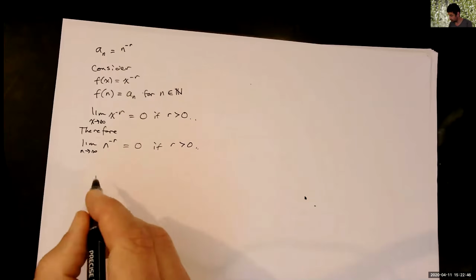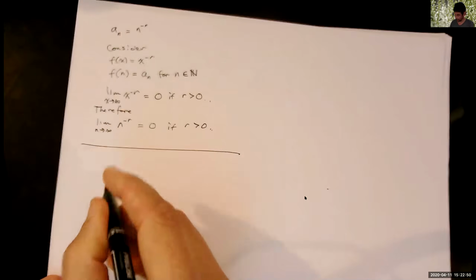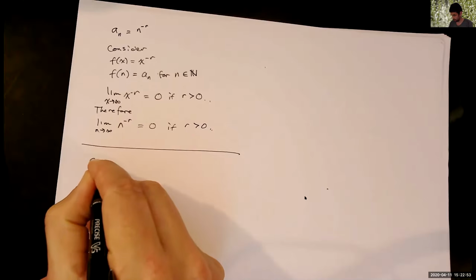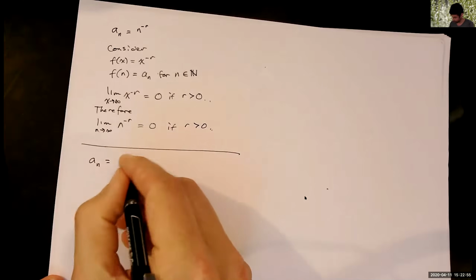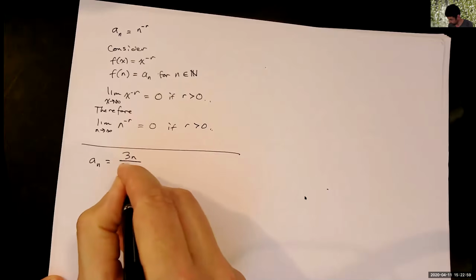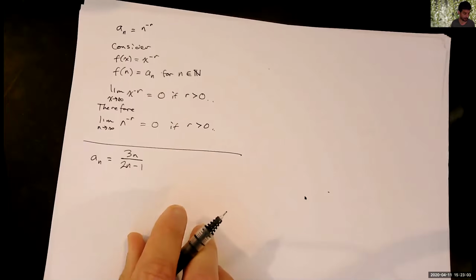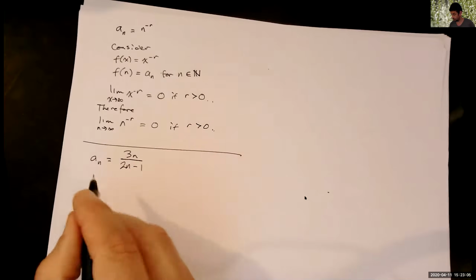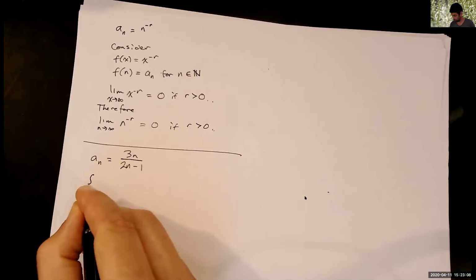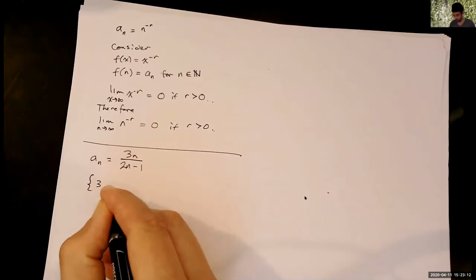So let's do a couple more examples. So let's look at this sequence. A sub n is equal to 3n over 2n minus 1. Right? And I want to know the limit as this sequence goes to infinity. So let's just see what this limit looks like. Putting in n equals 1, we get 3.